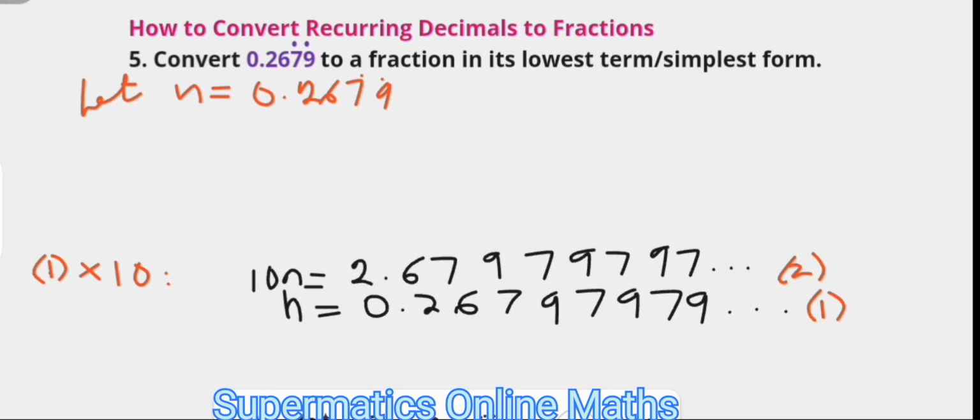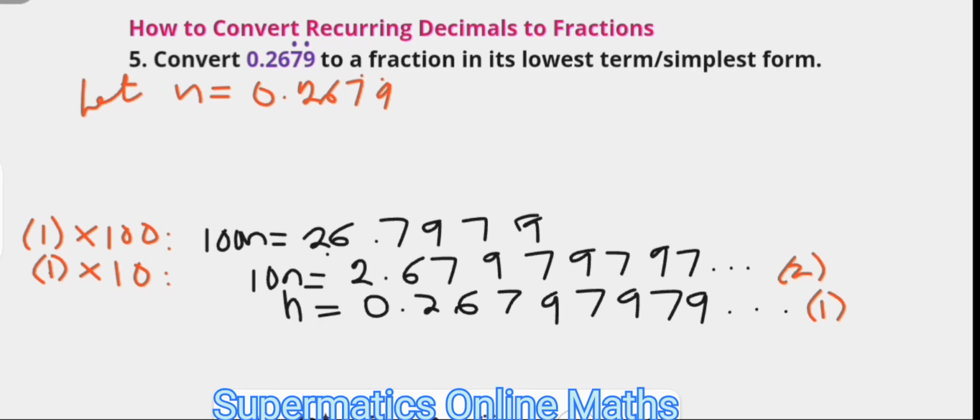Since the numbers are not aligning, we multiply by 100, and that gives us 100n equals 26.79797979 that goes on like that for the third equation, and yet the digits do not align still.